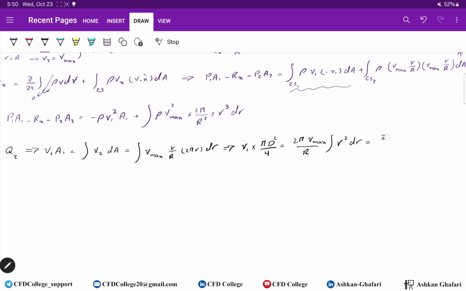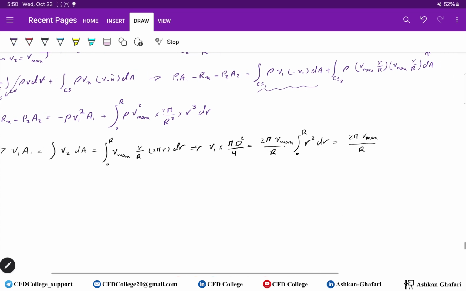So it's equal to 2 pi Vmax over r, and all these integrals are from 0 to r. The integral of r square is r to the power 3 over 3 from 0 to r.